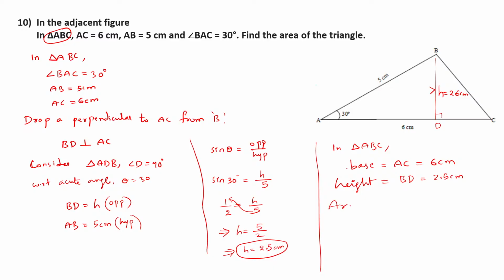What is the area formula? Area of triangle equals half into base into height, that is half into base 6, height 2.5. 2 ones are 2, 2 threes are 6. Now 3 into 2.5 is 7.5, and units are most important: 7.5 centimeter square.